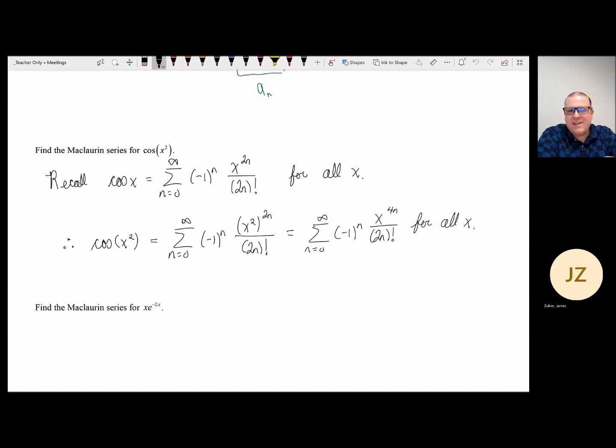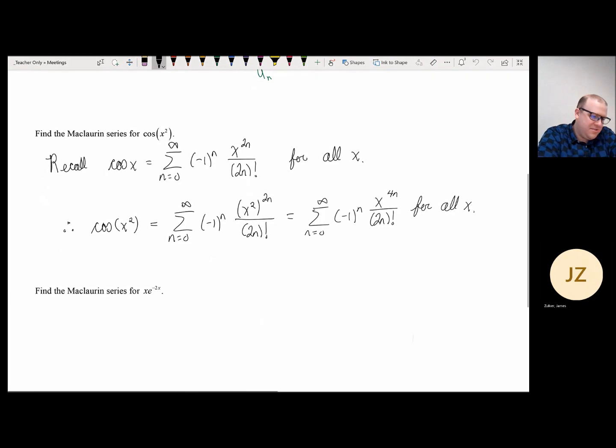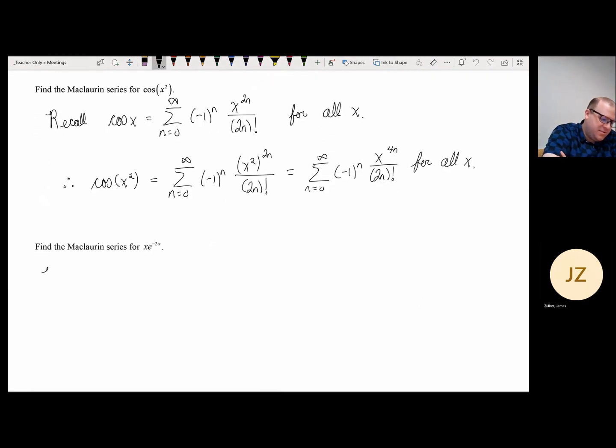Find the Maclaurin series for x e to the negative 2x. Well, the Maclaurin series for e to the x was also derived.